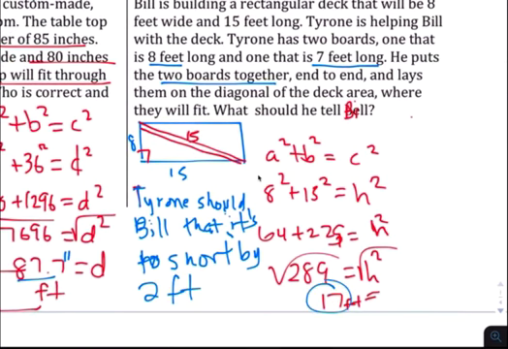That's a lot of foot. That's 24 inches. It will not work.